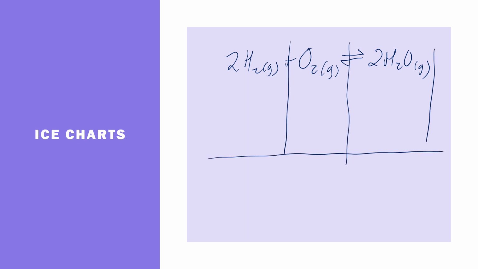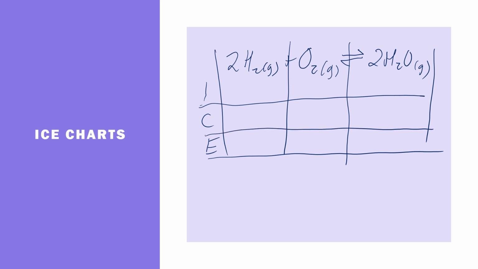You will do 3 rows, I, C, and E: initial, change, and equilibrium. Then you will plug in the initial values that they give you or the equilibrium values that they give you. And then you're going to use the coefficients from the balanced chemical equation to show the change.